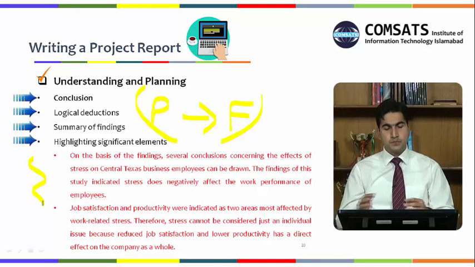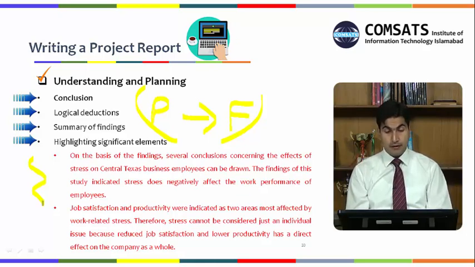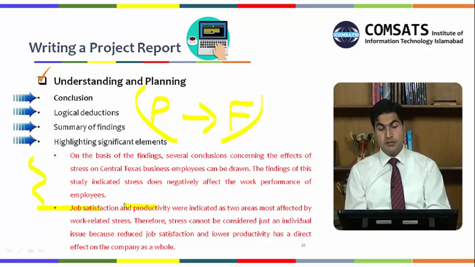As in this case, on the basis of the findings, several conclusions concerning the effects of stress on business employees can be drawn. The findings of the study indicated that stress does negatively affect work performance. Job satisfaction and productivity were indicated as two areas most affected by work-related stress.